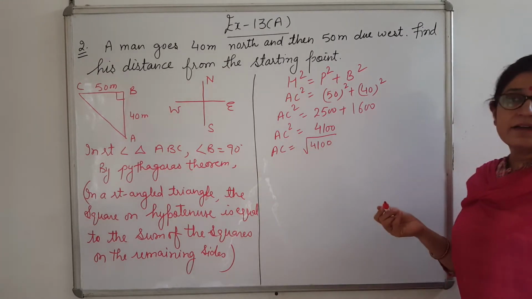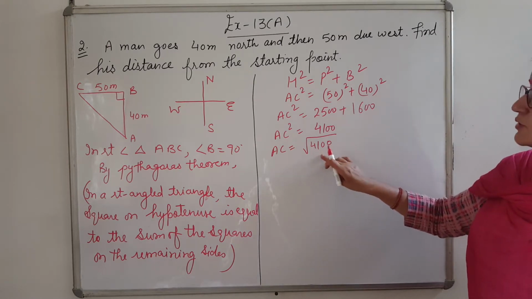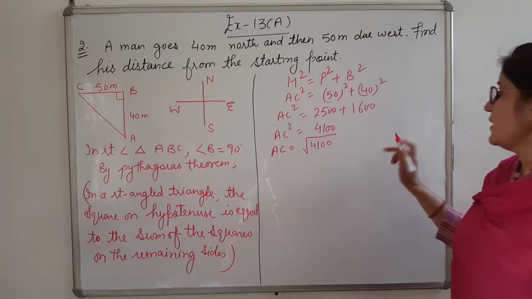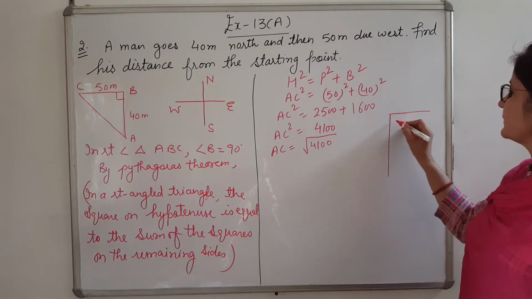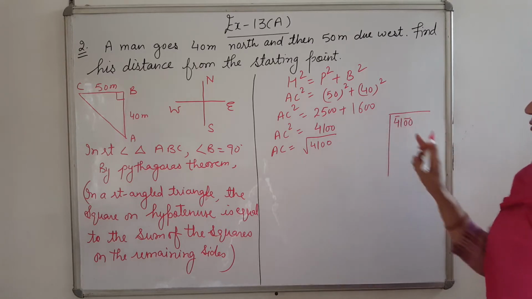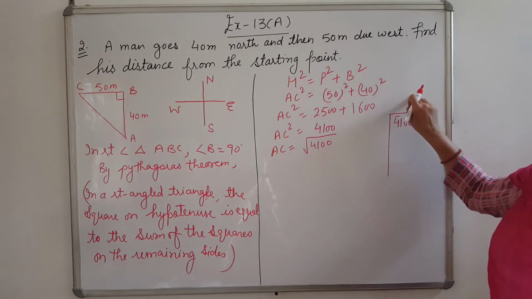In 8th standard and 7th also, you have learned how to find the square root of a number by the factorization method and by the division method. Here we go with the division method. We make pairs like this. Now the same number we have to take as divisor and the same as dividend.